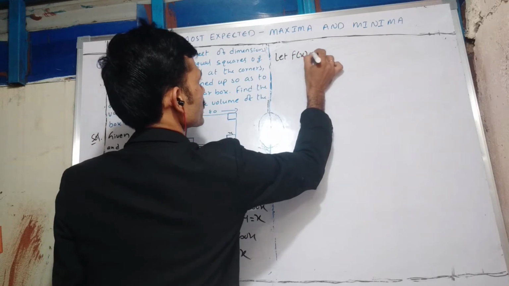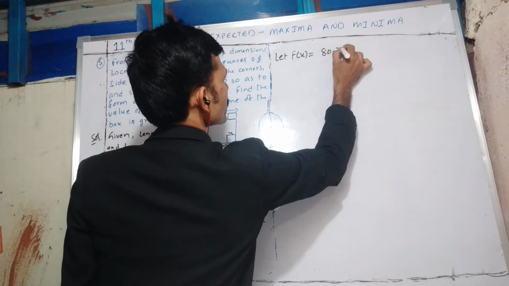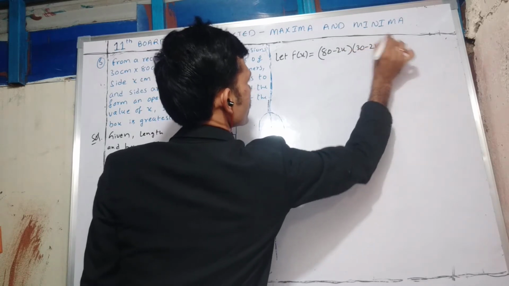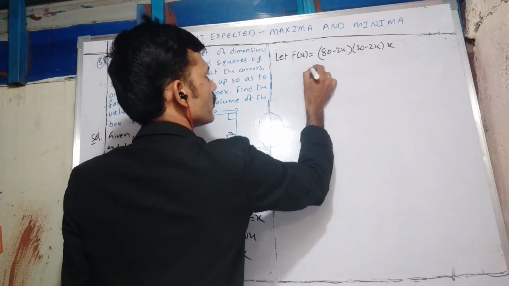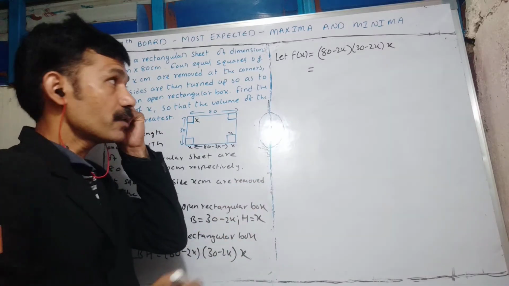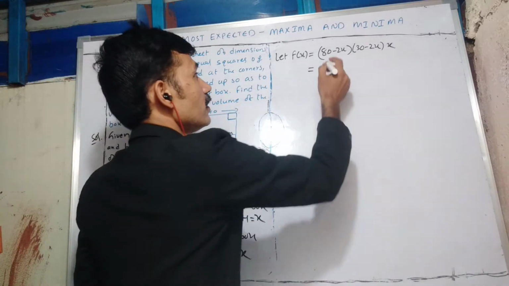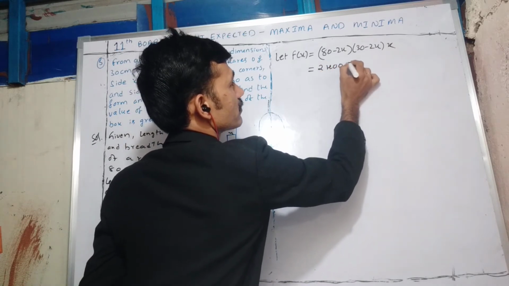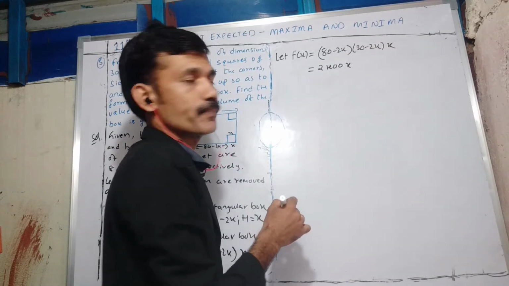Let f of x be (80 minus 2x)(30 minus 2x) times x. We have to find the product. 80 times 30 is 2400, and x also will multiply.